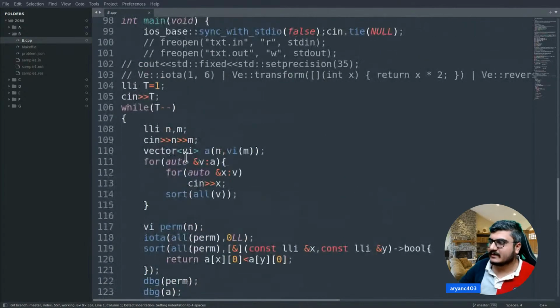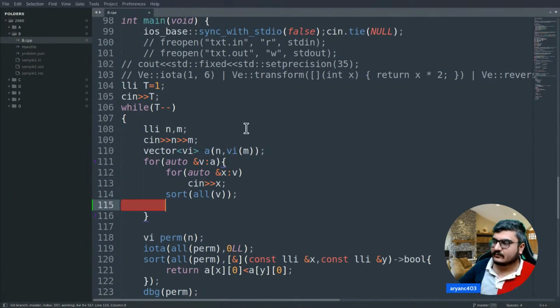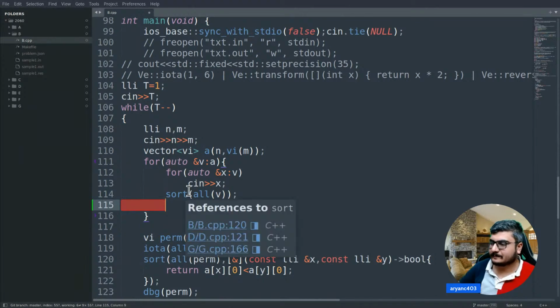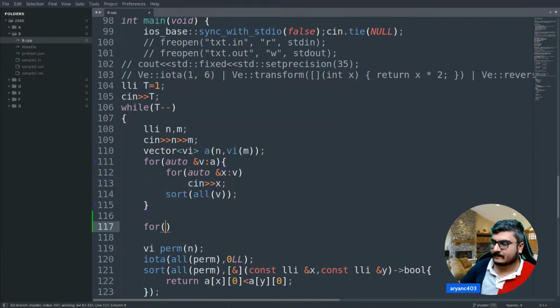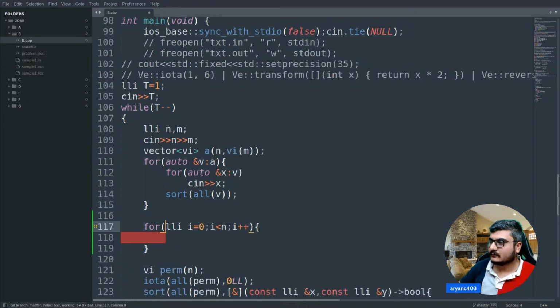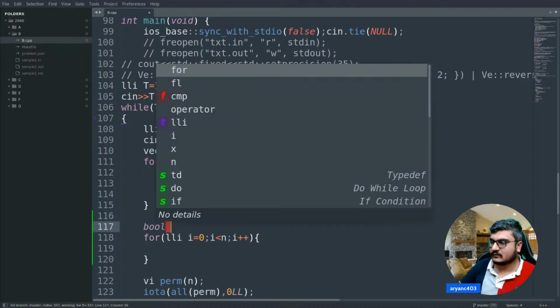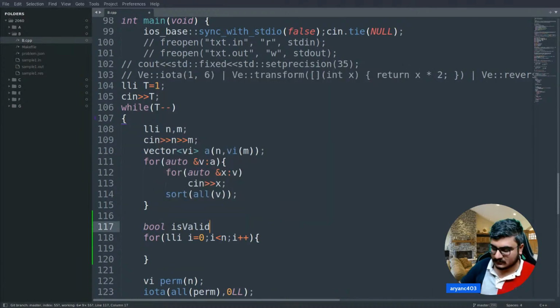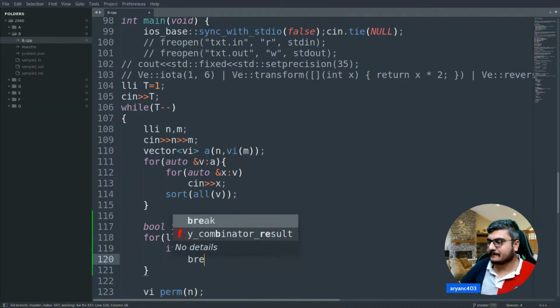So this would be the idea. What you can do is look at all the numbers. For each number, if is valid is false, just stop processing here.